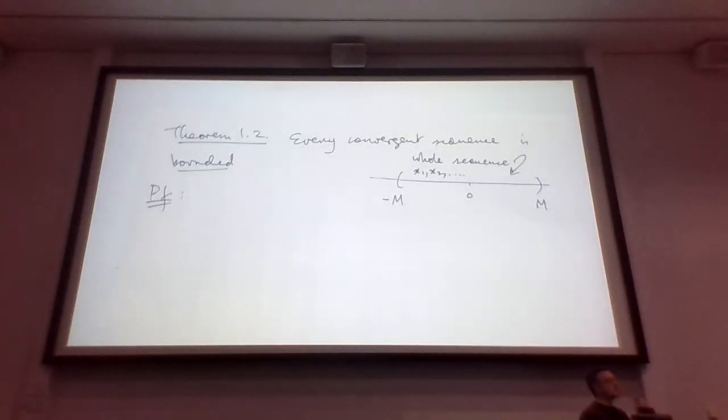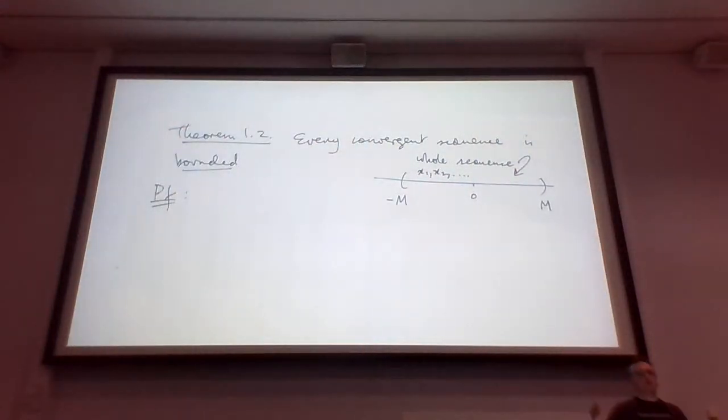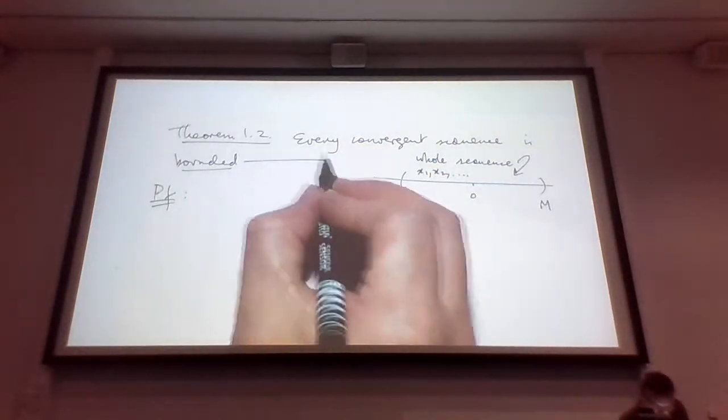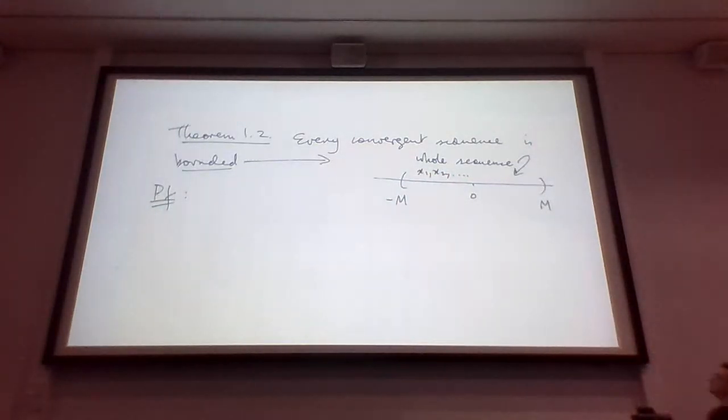That's what's called a bounded sequence, one that you could trap within a lower and an upper bound. Okay, so that's just a quick picture to remind you of the definition of bounded.